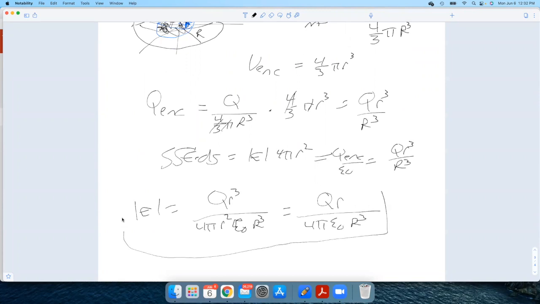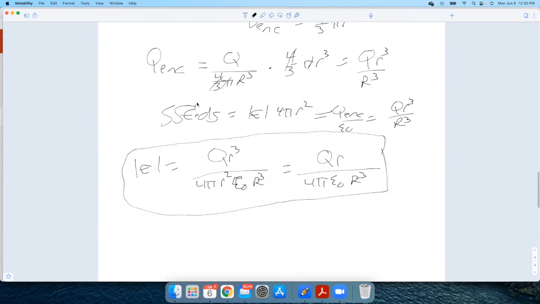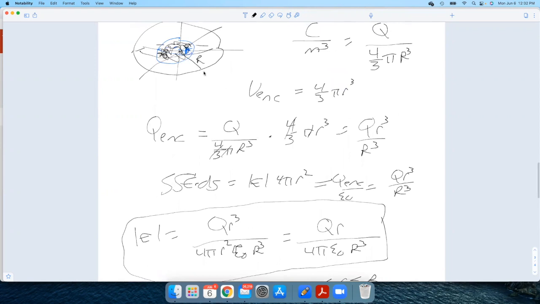We get this. That's the electric field, the strength of the electric field, a distance little r from the center. And that's for r between 0 all the way out to the boundary. In fact, we could even check what happens at the boundary. We could plug in little r and we get Coulomb's law, essentially.